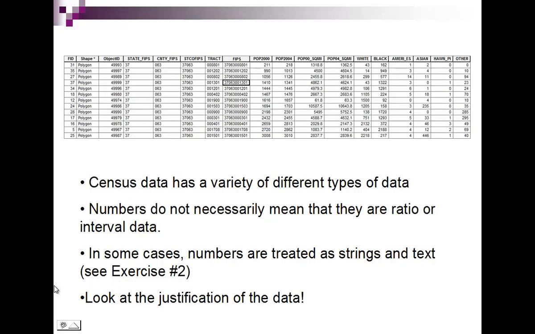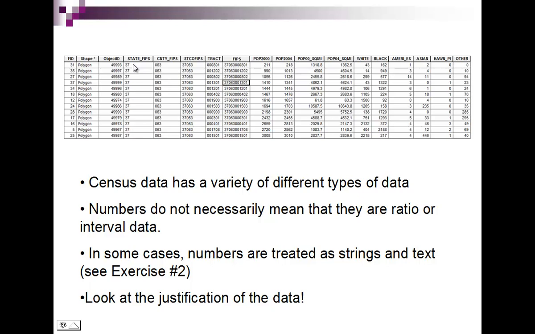Census data. This is what census data actually looks like. Census data has a variety of different types, but the numbers don't necessarily mean they are interval or ratio. You notice here, this is called the FIPS, Federal Information Processing Standard. For North Carolina, that's 37. For Alabama, it's 01.